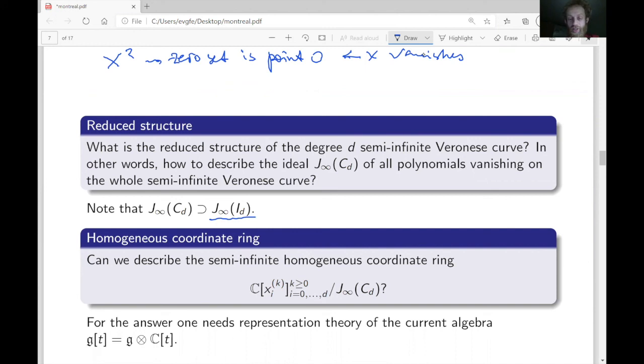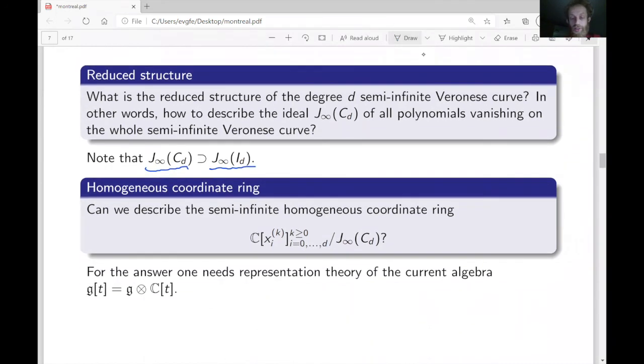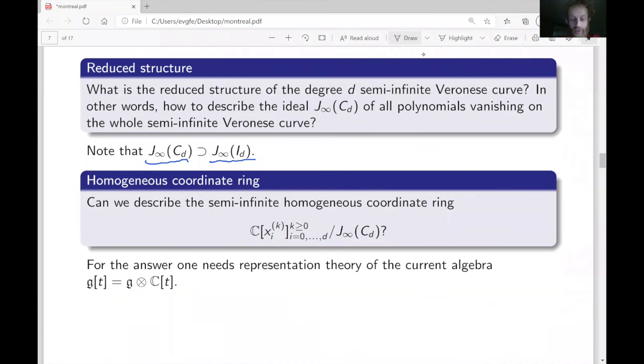Because actually the vanishing ideal, the J infinity of CD, is responsible for the whole semi-infinite Veronese curve. So it somehow defines it, and it canonically corresponds to the geometric object. And in particular, one is interested in the homogeneous coordinate ring.